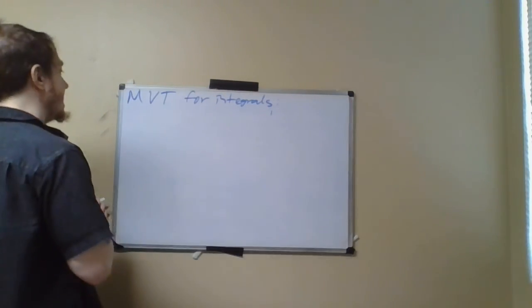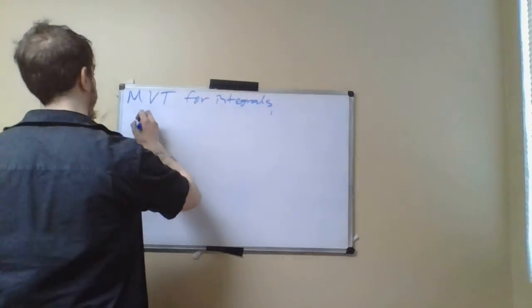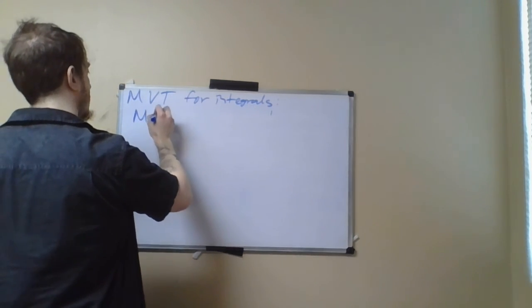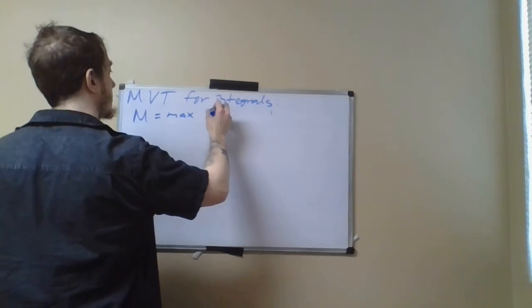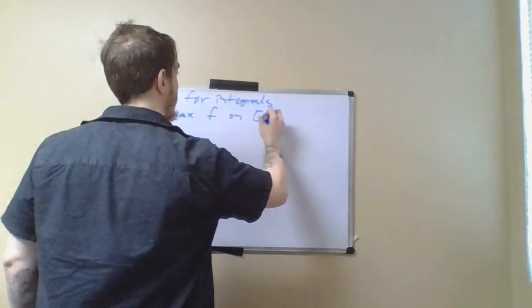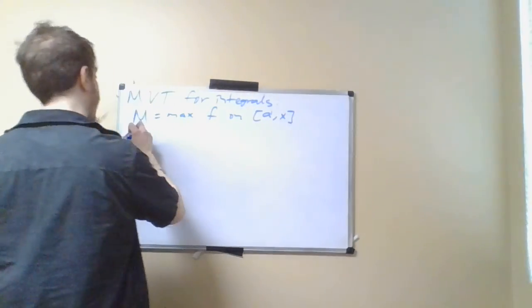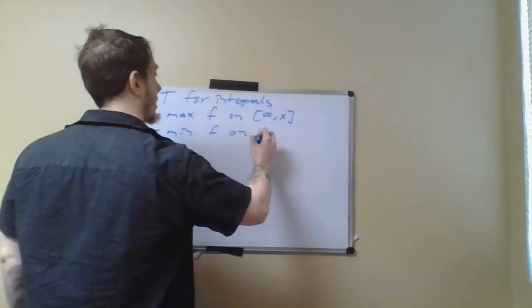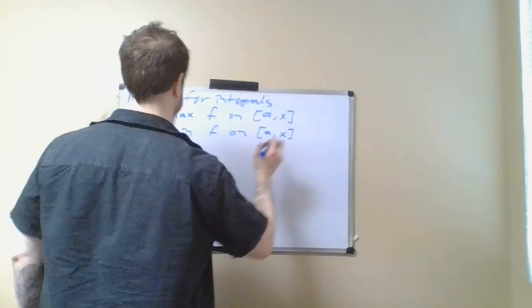What we can say is this. Let's say that capital M is the maximum of f on the interval from a up to x, and little m is the minimum of f on a up to x.